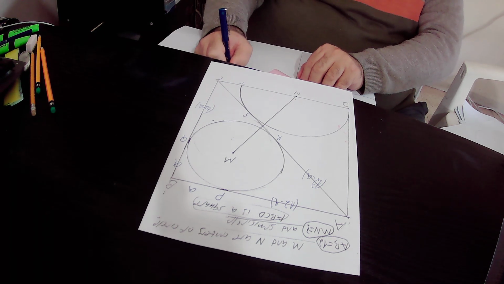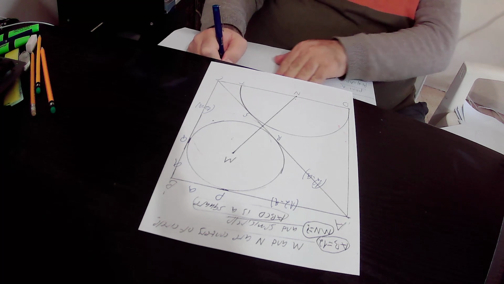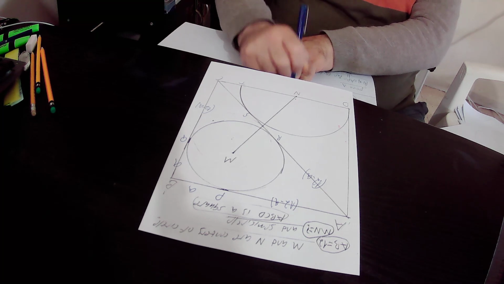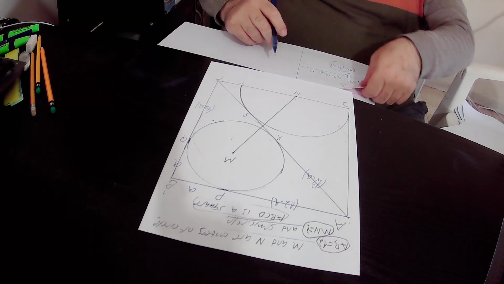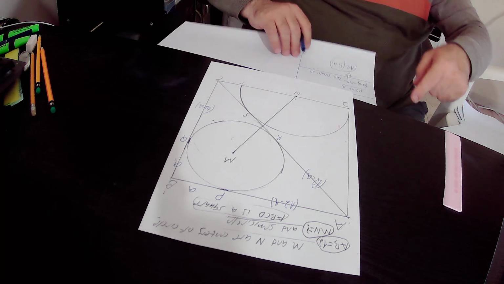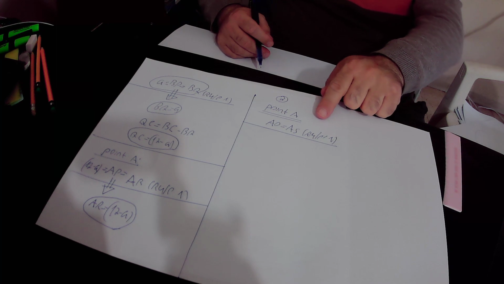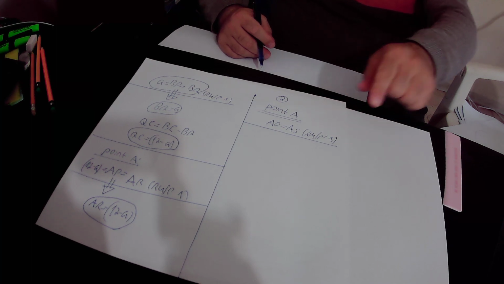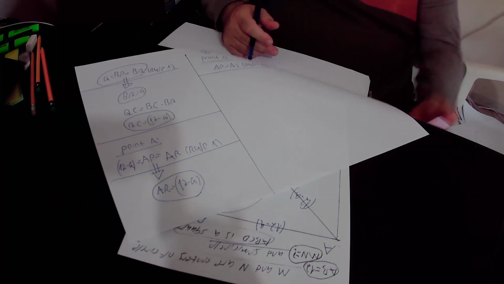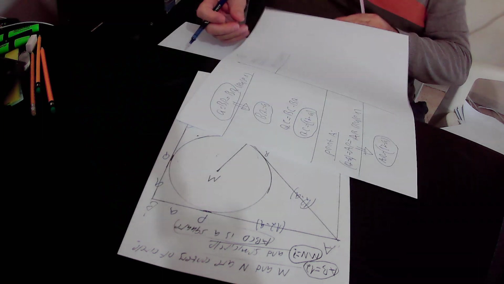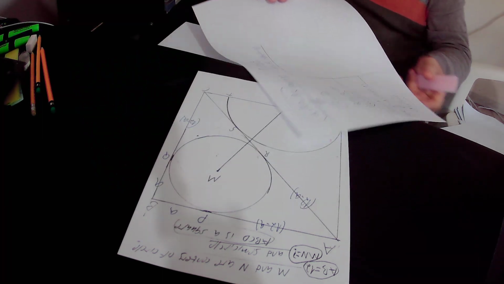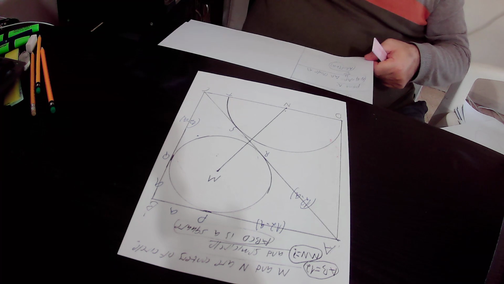And according to rule number 1, the lengths of those two tangents that exited from point A are equal to each other. That is to say, AD is equal to AS according to rule number 1. But it is given in the question that AD is equal to 12 units.